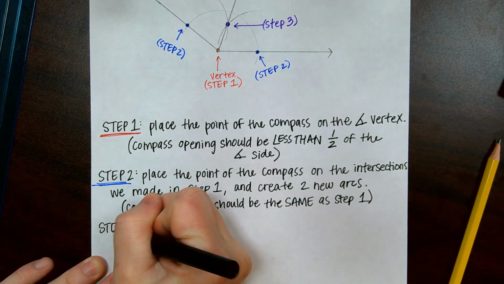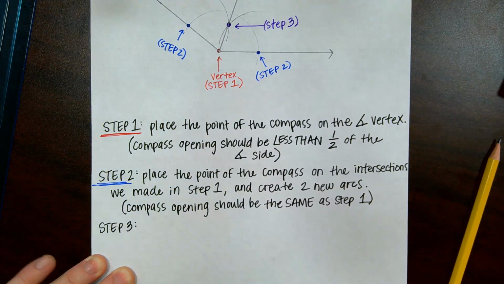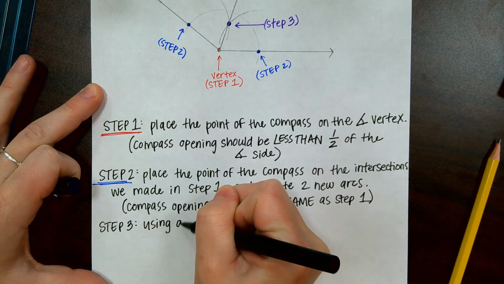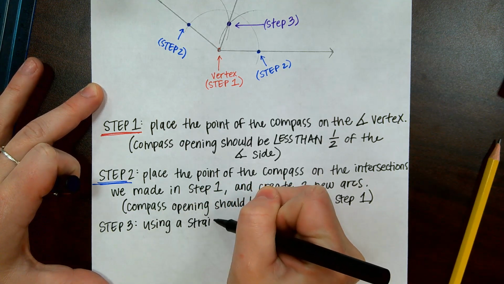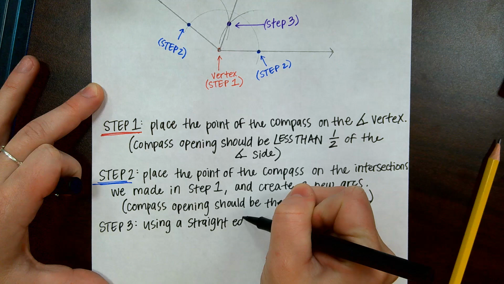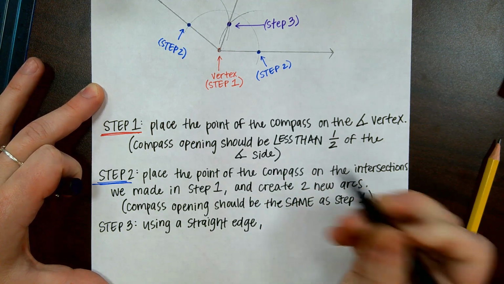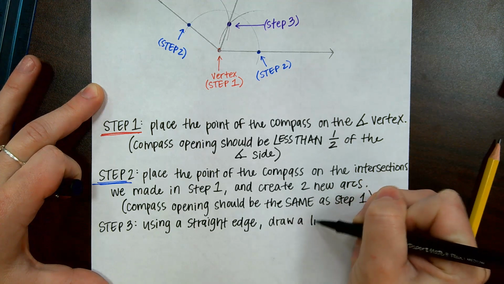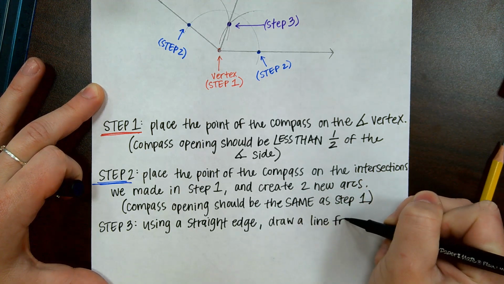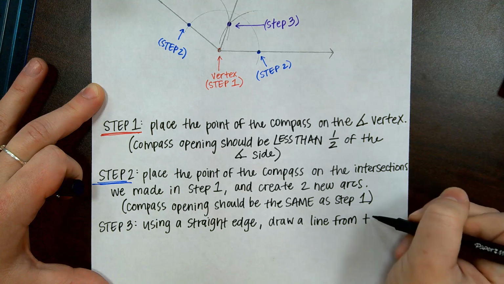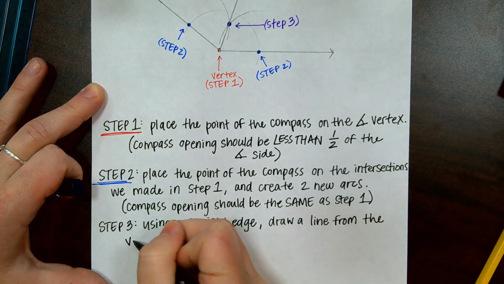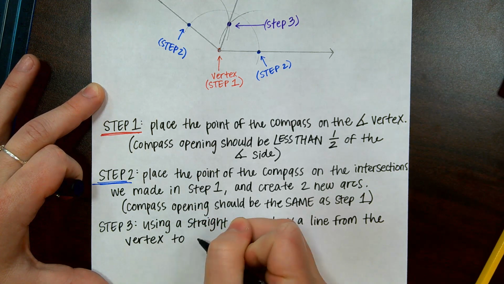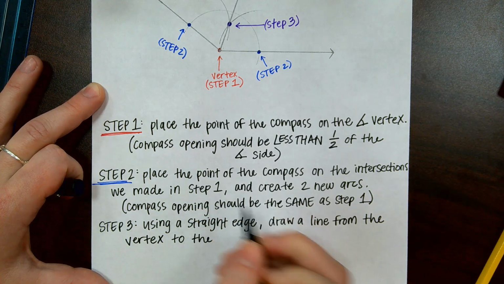So using a straight edge, a line from the vertex to the intersection created in step 2.